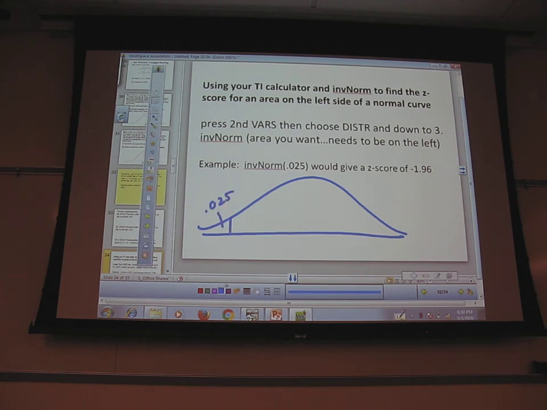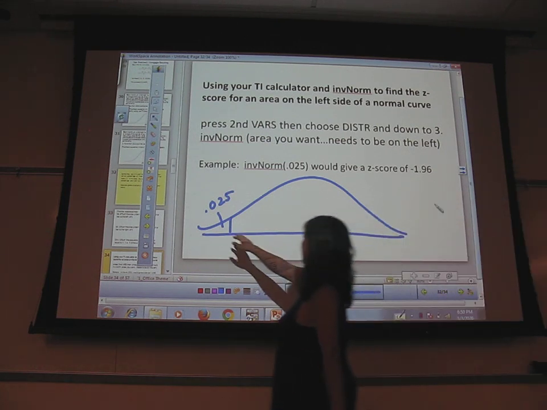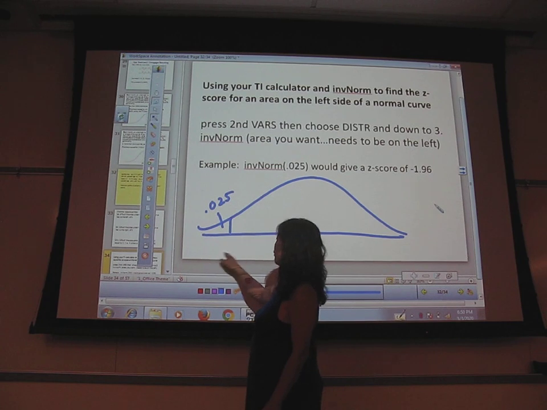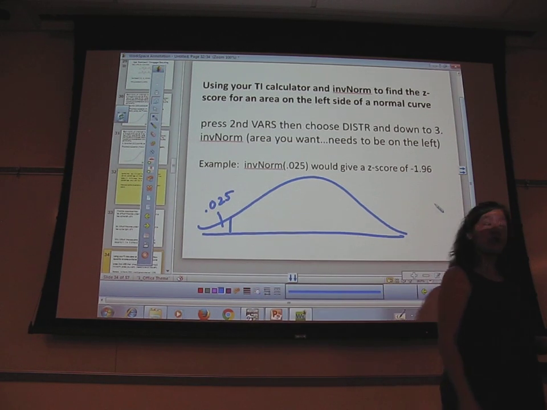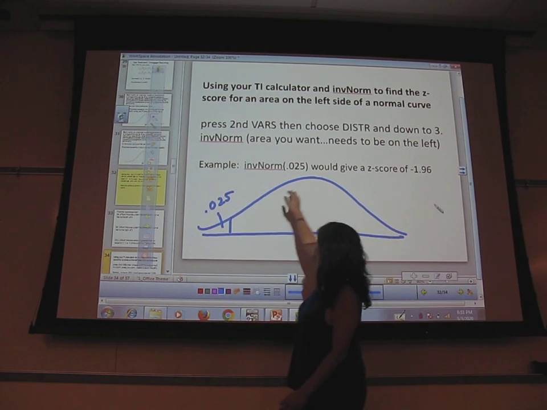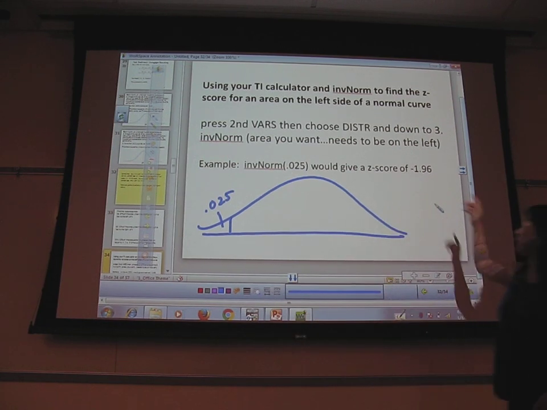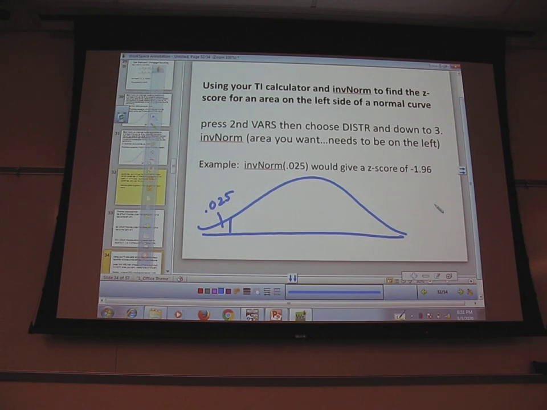This area here is 2.5%, 0.025. If I want to know this z-score that would go with it, I do inverse norm of 0.025. It would give me a z-score of negative 1.96, because that's the z-score that goes with that area.